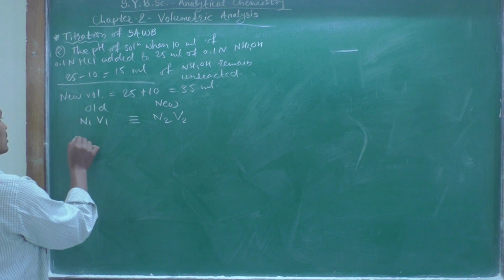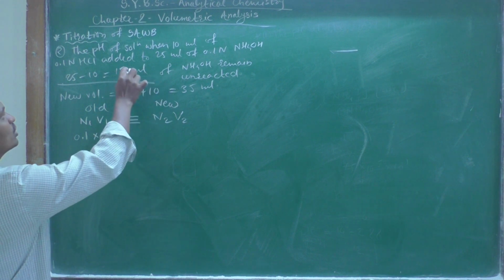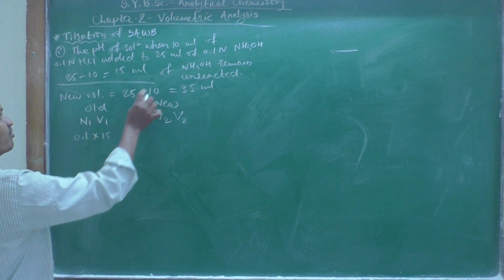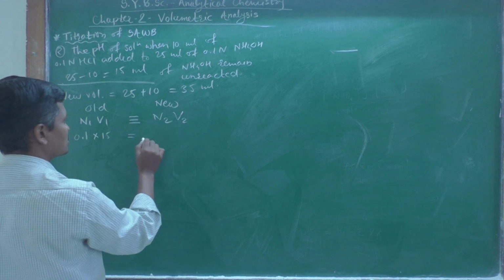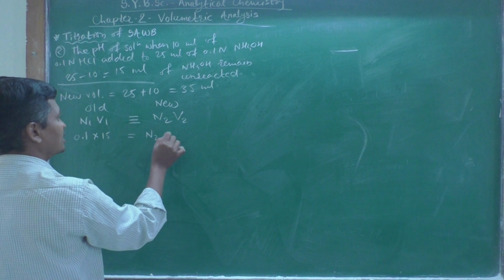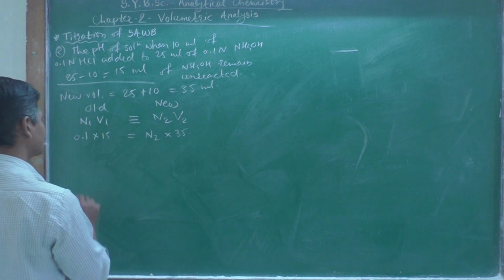What is N1? It is 0.1, the old concentration, into the old volume, which is only 15 ml that remained unreacted, is equal to N2, which we have to calculate, into V2, the new volume, that is 35 ml.